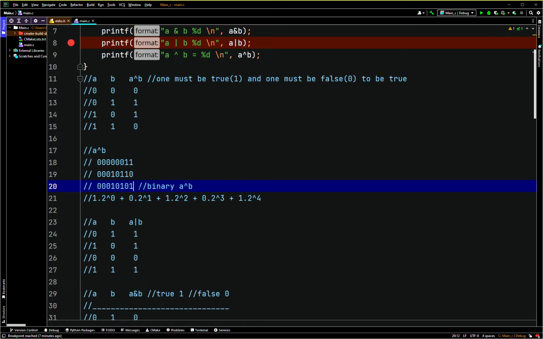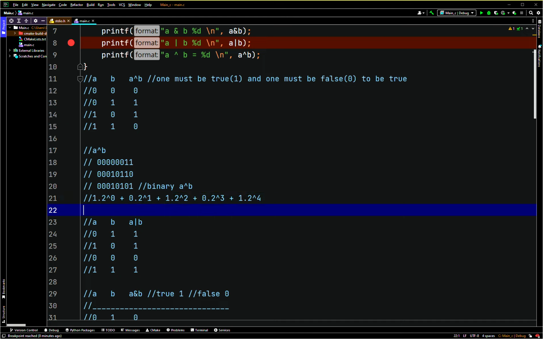That should be correct. So we have 1 times 2 to the power of 0 plus 0 times 2 to the power of 1 plus 1 times 2 to the power of 2 plus 0 times 2 to the power of 3 plus 1 times 2 to the power of 4. Yeah, that should be correct.